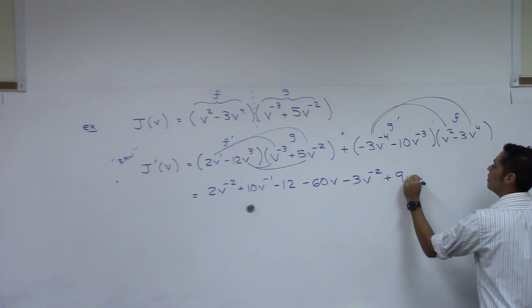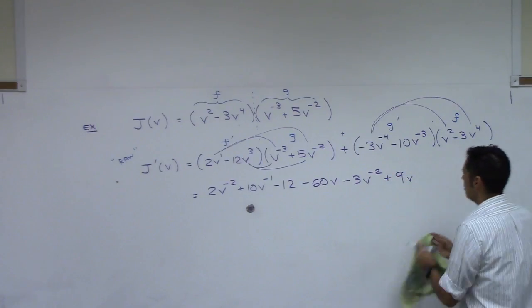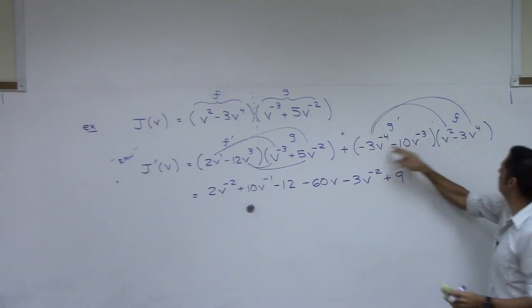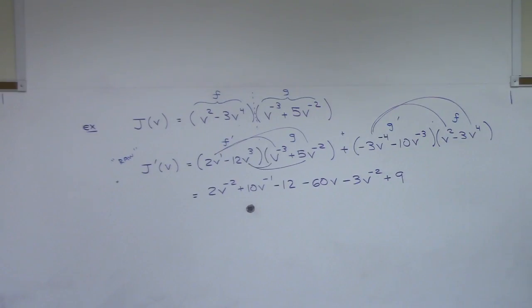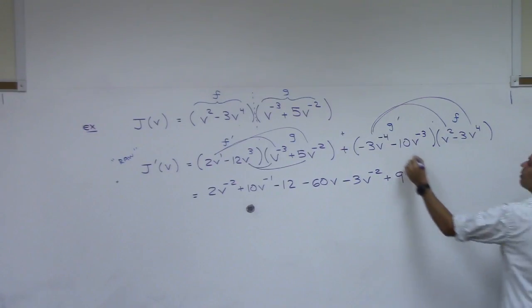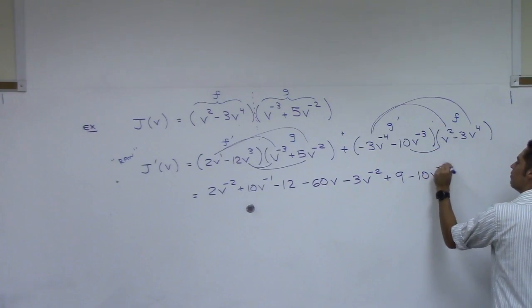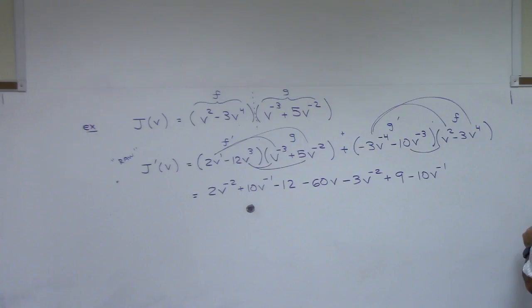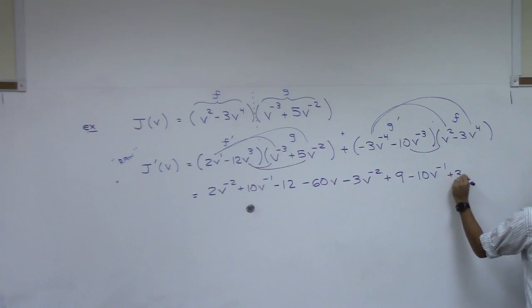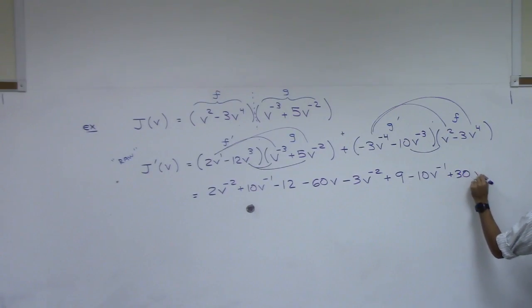Oh, there is no v. It's just plus 9, because the negative 4 and positive 4 give you v to the 0, which is 1. Negative 10v to the negative 1. And then finally, plus 30v, right? Plus 30v. And we actually have some like terms in here, don't we?